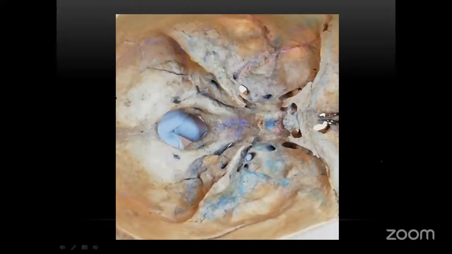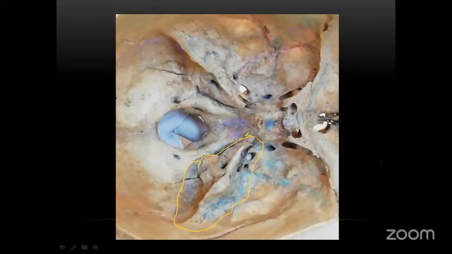This is the petrous part of the temporal bone, from here to here. We should be well aware of all the parts, structures, and important landmarks of this whole bone.